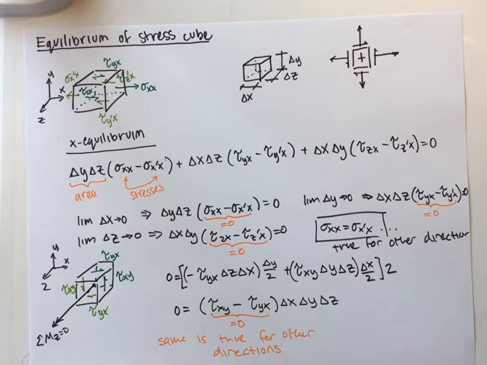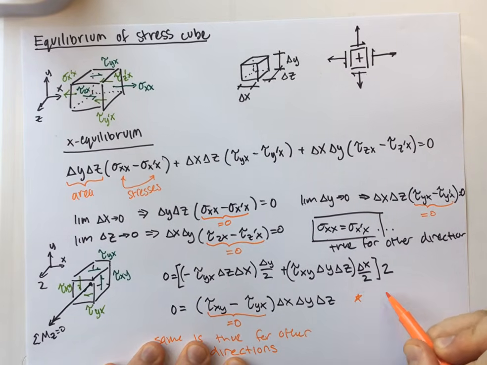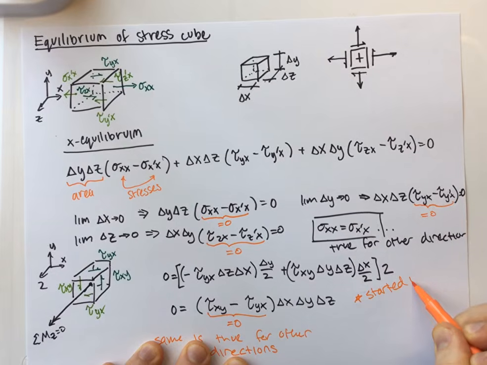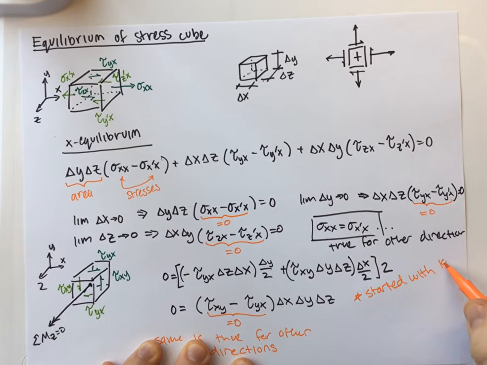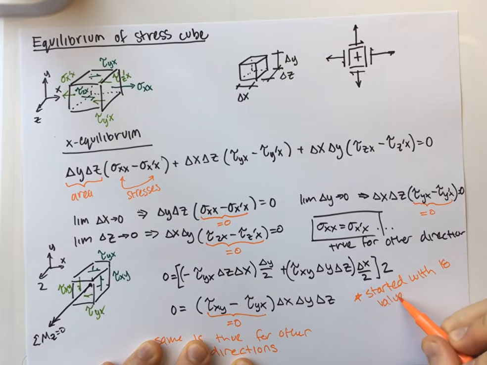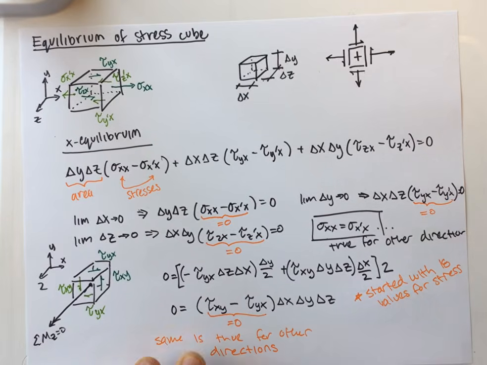And so the note here that I'm going to try and squeeze into this corner is that we started with 18 values for stress. That includes the back side as well. Once we take into account that everything on the front side is equal to everything on the back side, and our shear vectors are the same when you flip around the directions, so the shear stress on the x face in the y direction is equal to the shear stress on the y face in the x direction, so these two are going to end up being equal.